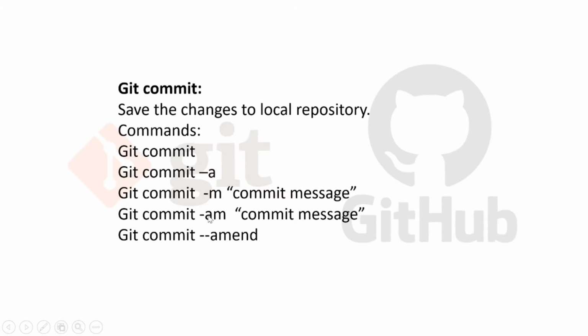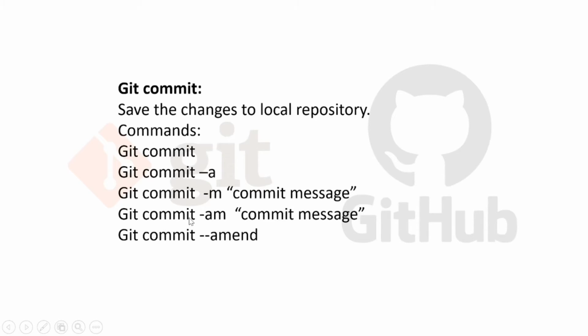Git commit -am. So -a, what will it do? It will commit directly those synced files, or already modified files, right? And git commit -a will commit those modified files by opening a window where you type your commit message, right?